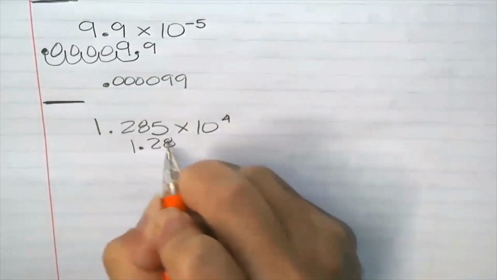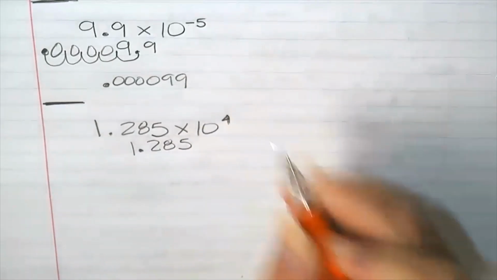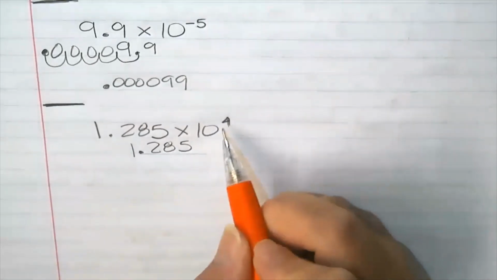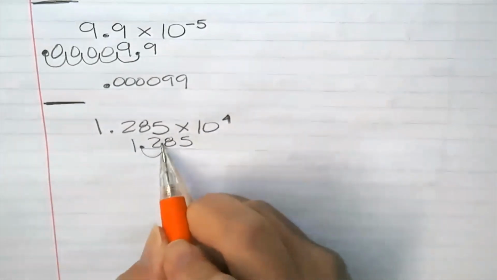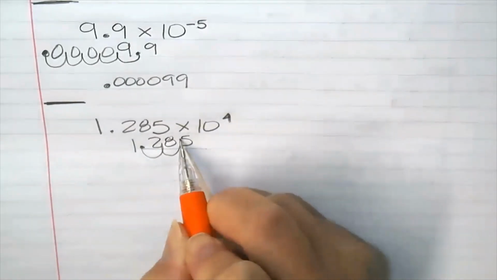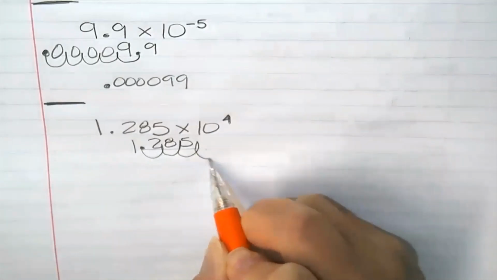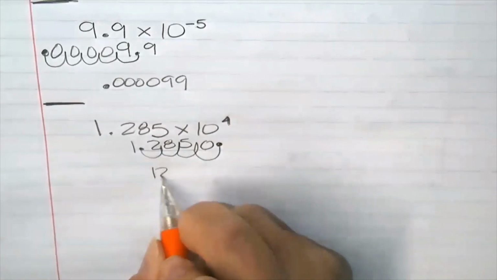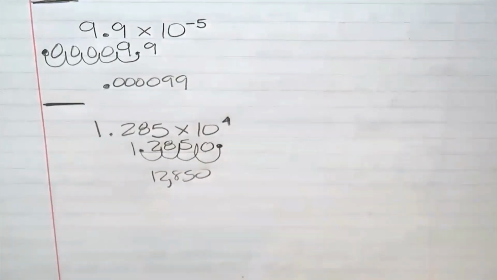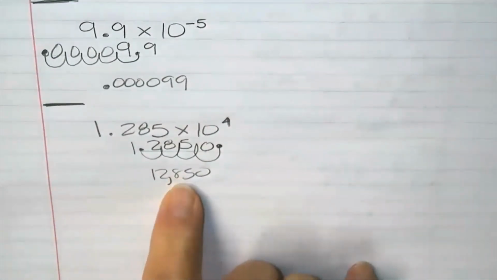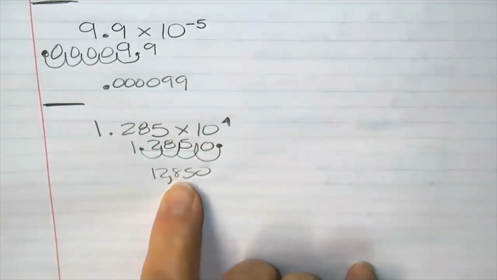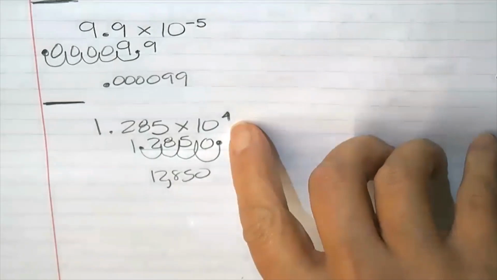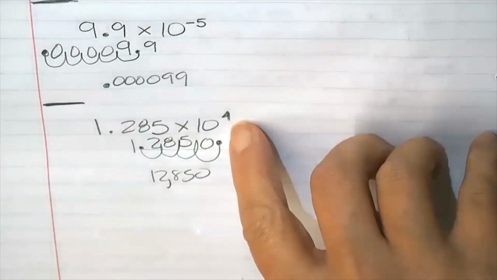So my exponent is positive. I'm moving my decimal point to the right, and I'm going to move it to the right 4 places. 1, 2, 3, 4. Backfill with your 0. So 12,850 is standard form for this number written in scientific notation.